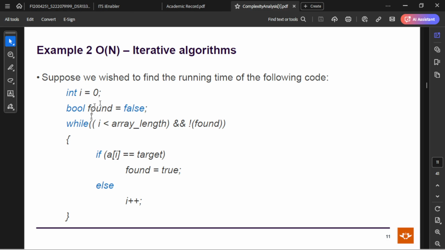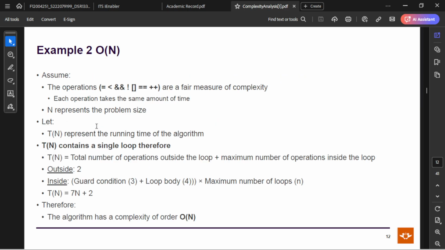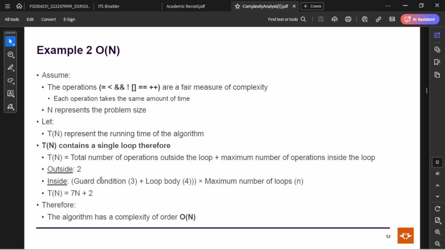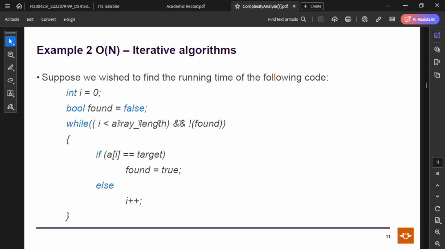Therefore it is 2, and hence this 2 they did mention here: total number of operations outside the loop. Here is the 2, right? And then in here, how they did it here, I don't like how they did. Rather just do line by line, because here you can say on this line, there are things happening.